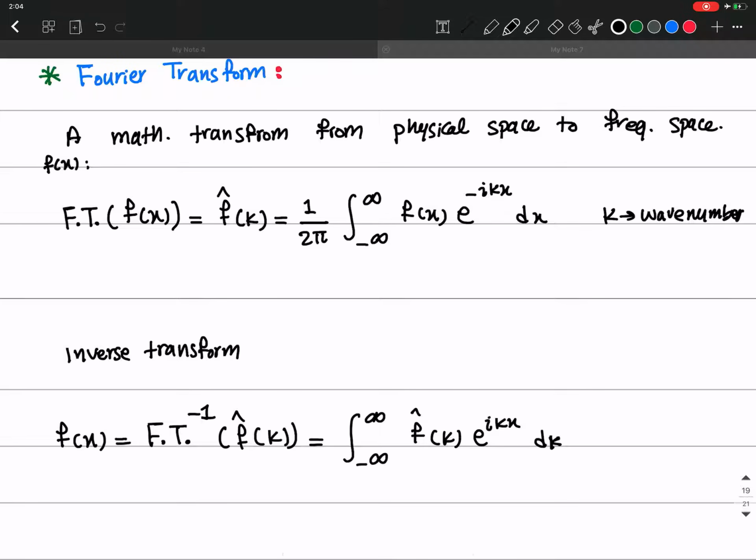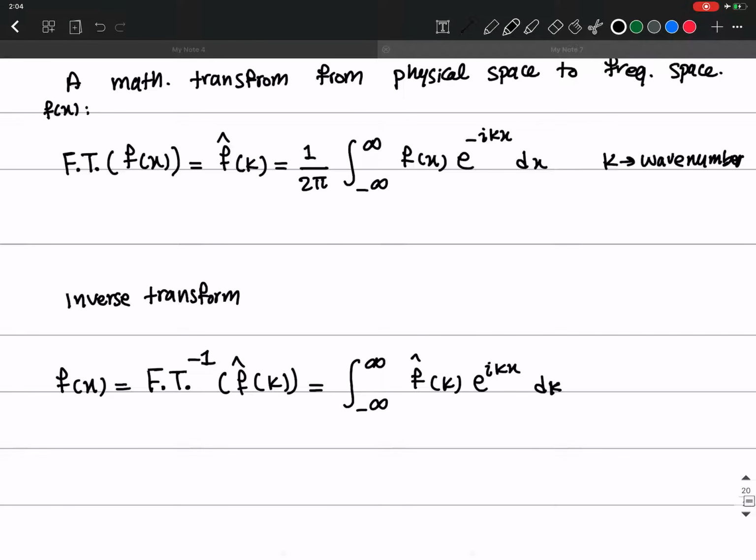So what's the use of this? The use is that Fourier transform has some properties that are going to simplify PDEs. So you can show, and I'm not going to go through it in detail, that the Fourier transform of the derivative f prime of x is ik times the Fourier transform of f(x).